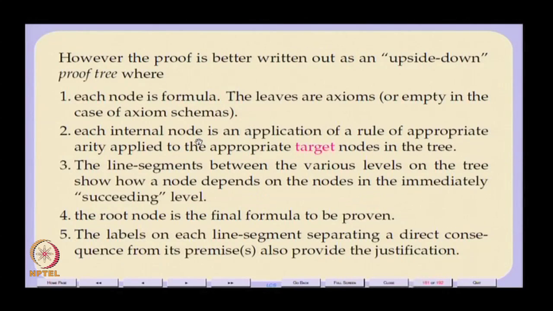Each internal node is an application of a rule of inference on some target nodes, by pattern matching and substitution. And the root node of this proof tree is the formula that was to be proved.